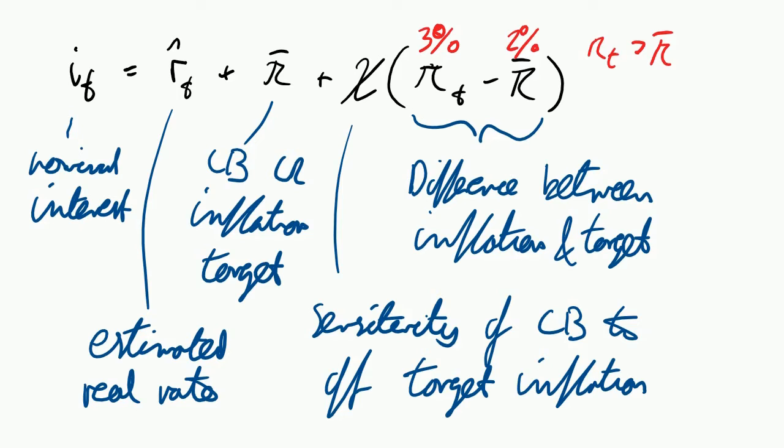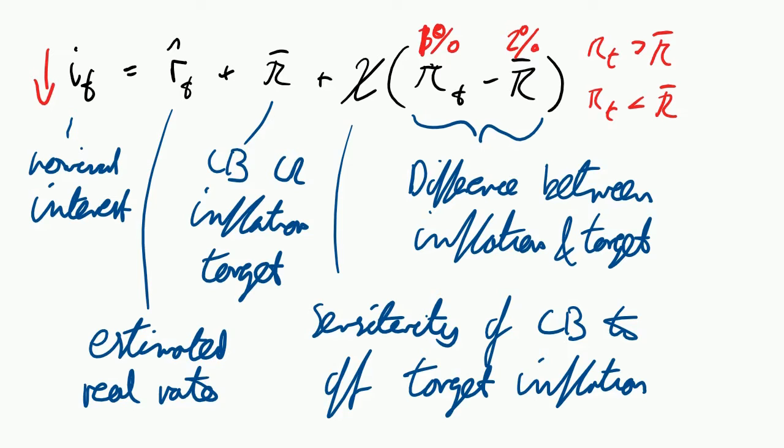As a result, if inflation was too high, the central bank must raise nominal interest rates in the short term. Similarly, if inflation was lower than the target, so maybe we had 1% inflation versus a 2% target, then we would expect the central bank to be reducing nominal interest rates in the short term.